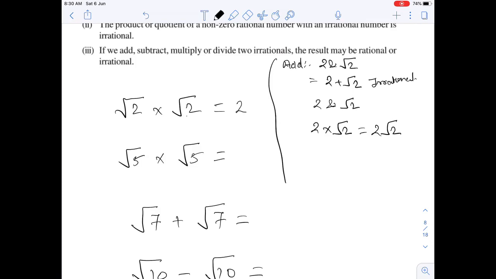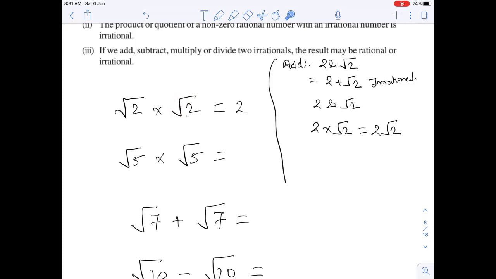Remember, there is a rule for this: when two numbers, this is the first number and this is the second number, have the same root, let us consider the inner number as the base. When two numbers with the same root and same base are multiplied, our answer is always the base only. The root gets cancelled. Further, we will learn why this root gets cancelled in the next lecture.